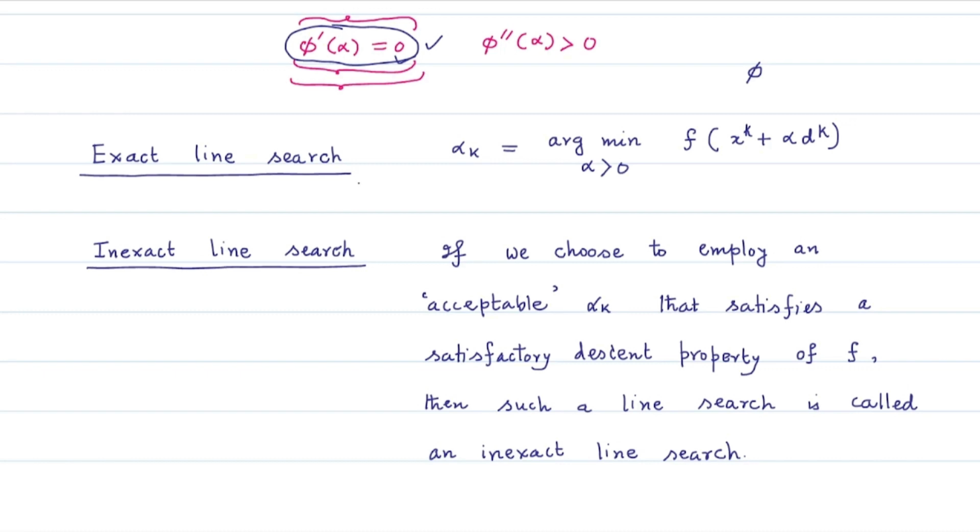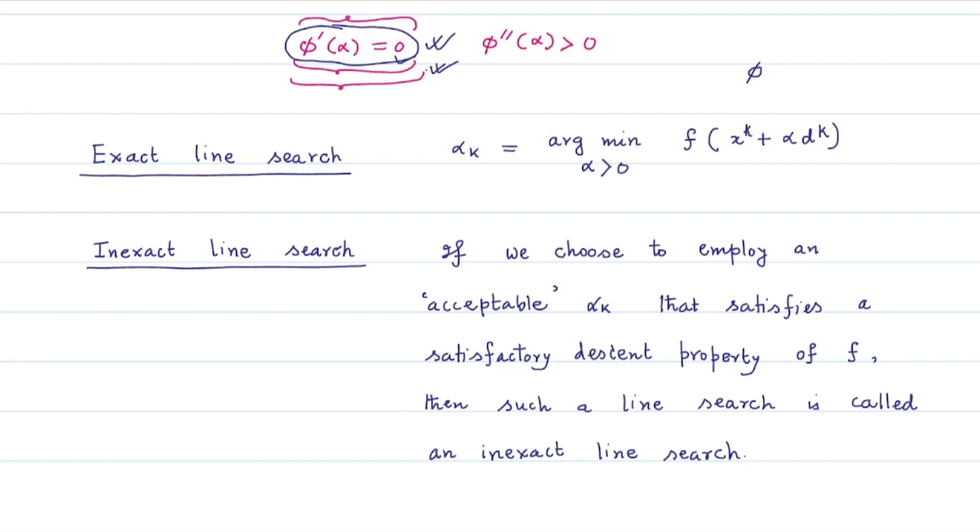Now, as I have mentioned earlier, this exact line search for a differentiable function commonly attempts to identify a solution of this equation. Commonly for a general given expression of the function f, the corresponding phi alpha is a nonlinear function, and therefore this equation is a nonlinear equation for a function of one variable.